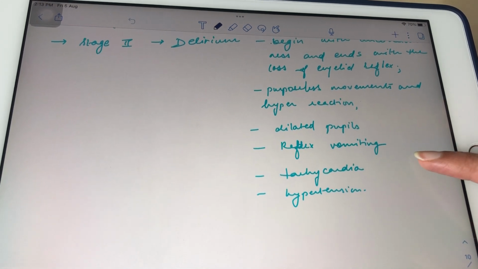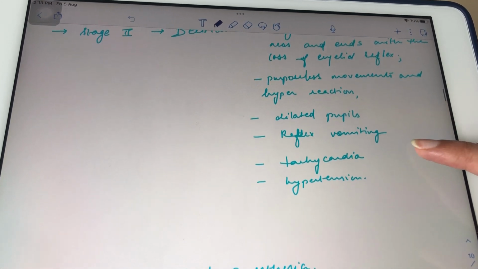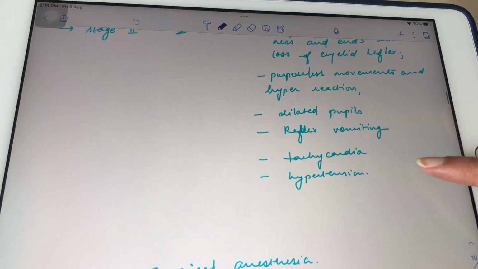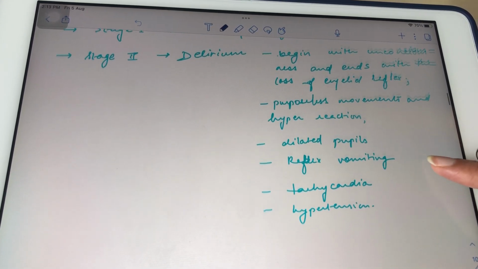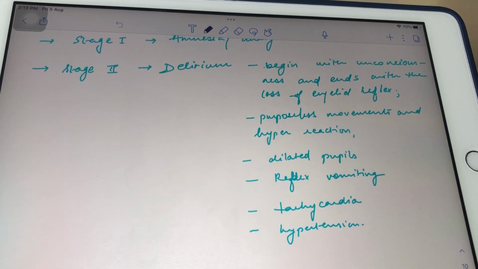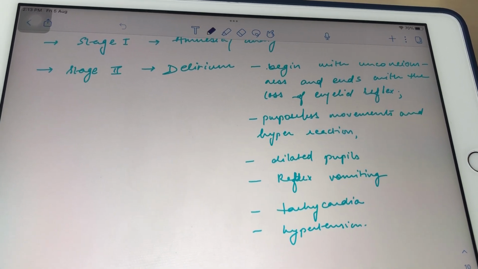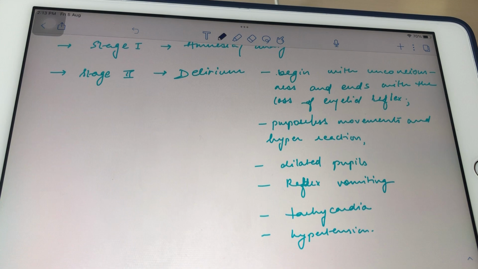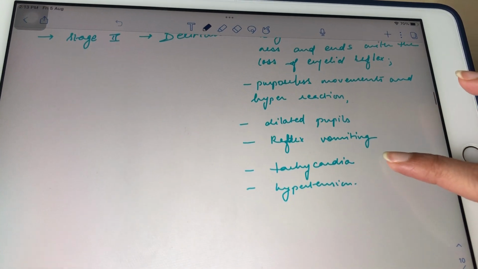Purposeless movement and hyperreaction, dilated pupil, reflex vomiting, tachycardia, hypertension. These all things are suppressed.